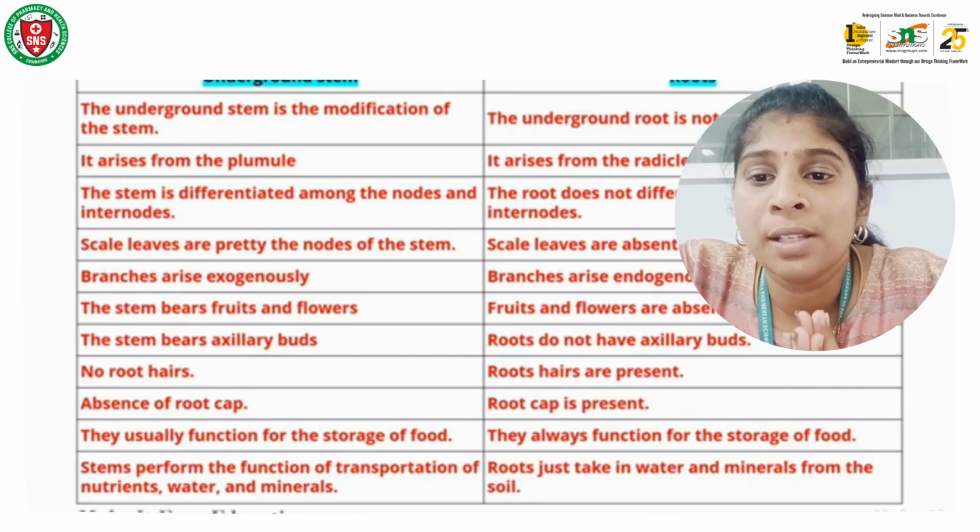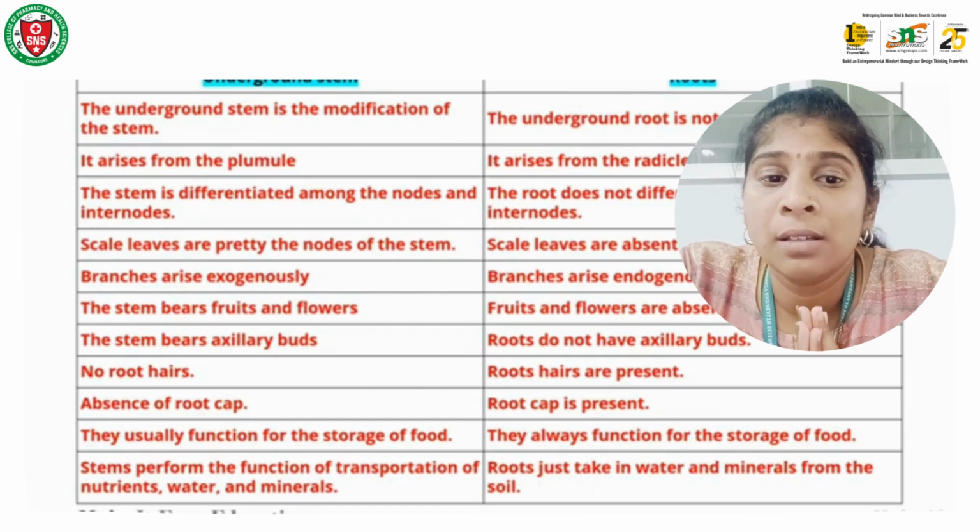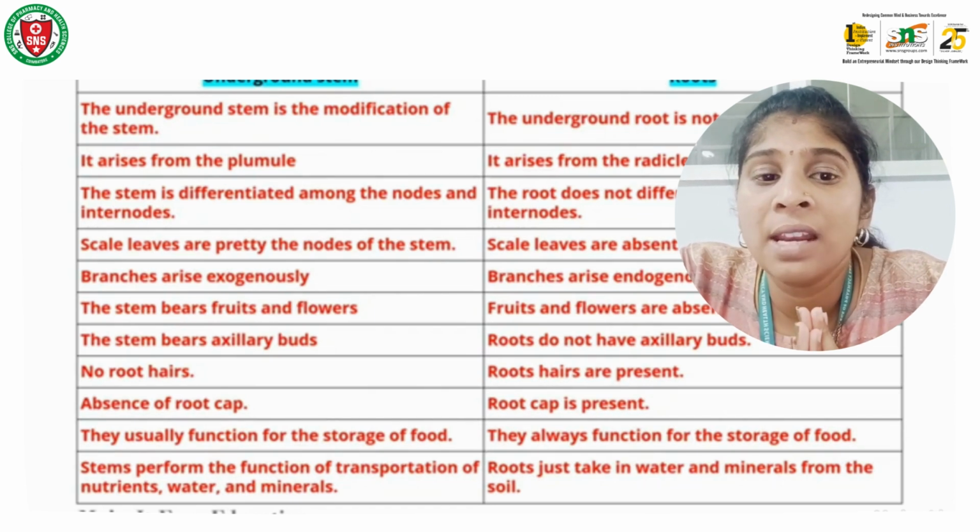In the underground stem, branches arise exogenously. In the root the branches arise endogenously. The stem bears fruits and flowers, and the root has no fruits and flowers. The stem bears axillary buds, but the roots do not have any axillary buds.